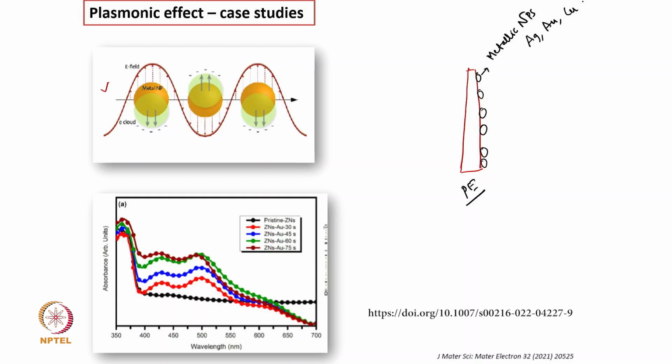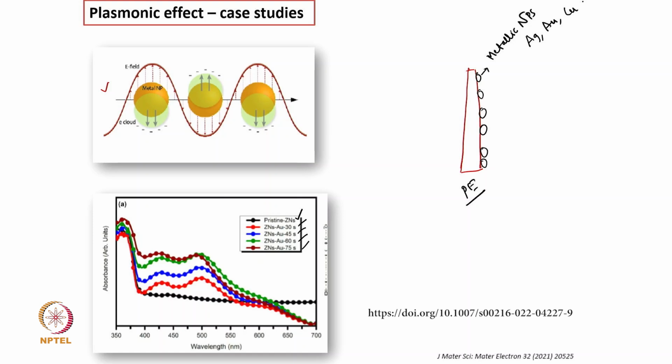This is one case study which shows very clearly how absorbance enhances with nanoparticles of different concentration or grown for different times. You can see the black one is pristine zinc oxide. Zinc oxide here is used as the photoelectrode material, and gold is deposited on it for various times: 30 seconds, 45 seconds, 60 seconds, 75 seconds.